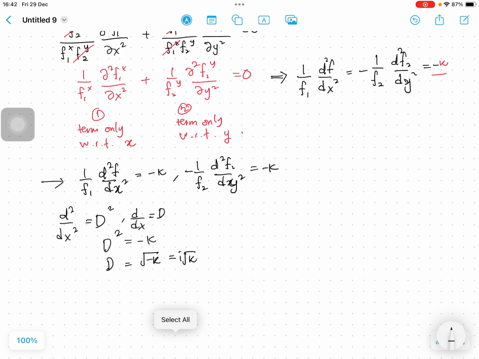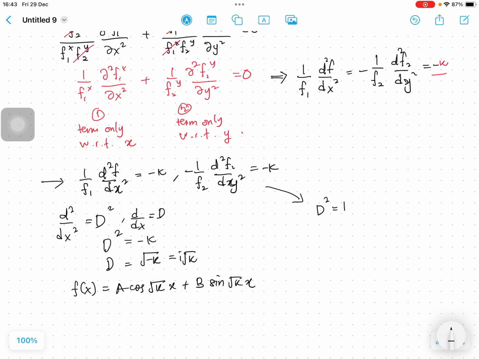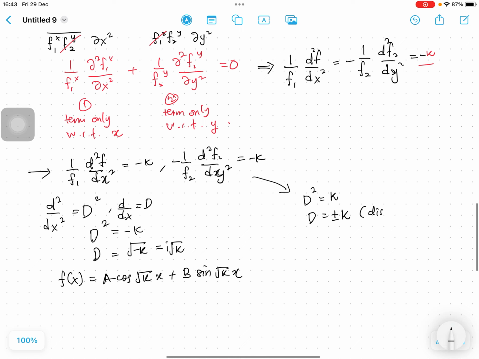So the solution for the function of x is a cos(kx) plus b sin(kx). Similarly for f2, D² equals k, and D is plus or minus square root of k, which gives distinct roots. So the solution for y is a exp(ky) plus b exp(minus ky).